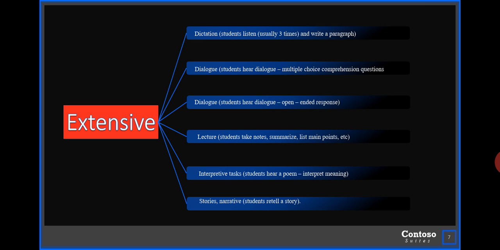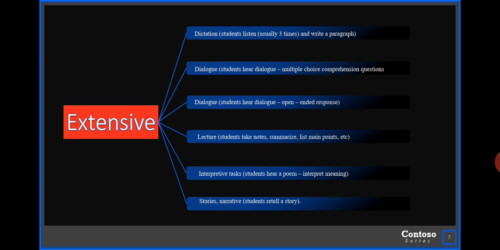The next is extensive. Extensive is listening to develop a top-down global understanding of spoken language. Extensive performances range from listening to lengthy lectures to listening to a conversation and deriving a comprehensive message or purpose. So the example is dictation.